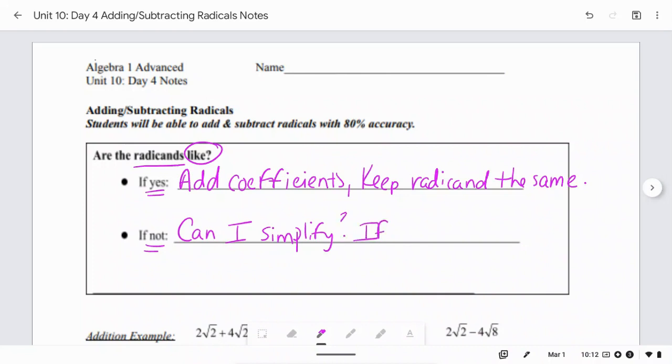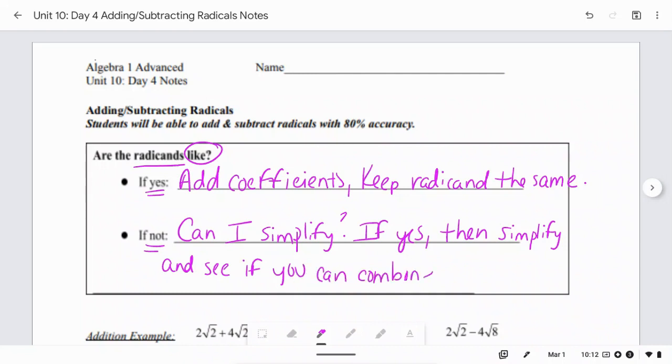If yes, then you're going to simplify and see if you can combine like radicals.